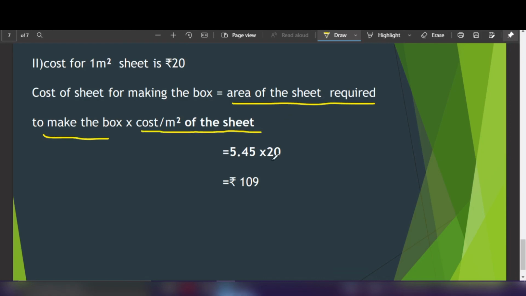As we found earlier, the area is 5.45 and the cost per meter square is 20. When you multiply these two, you will get 109 rupees. Finally, you will get rupees 109 for making the box.